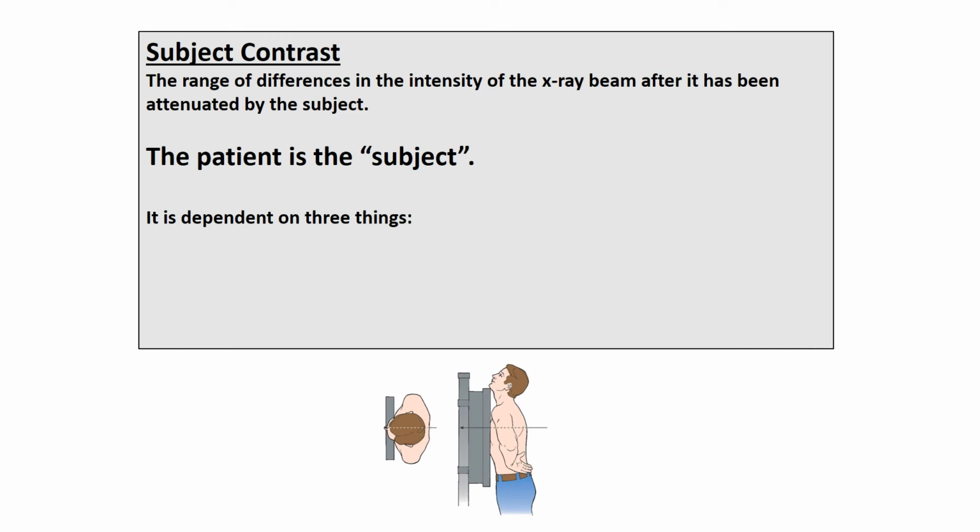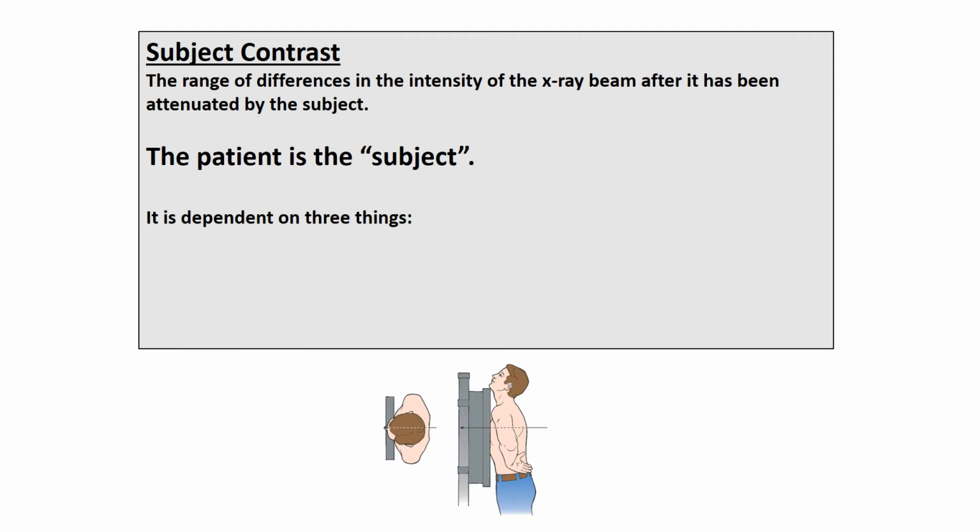Contrast. Subject contrast is the range of differences in the intensity of the X-ray beam after it has been attenuated by the subject. Let's look at that again: the range of differences in the intensity of the beam as it has been attenuated by the subject.